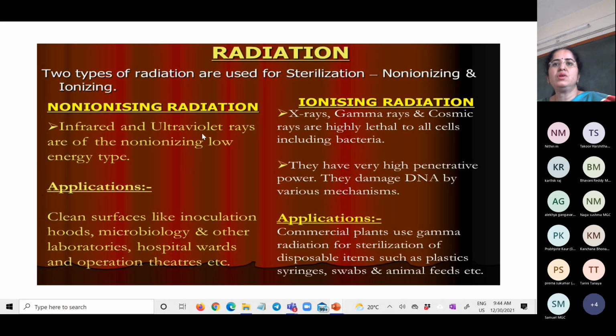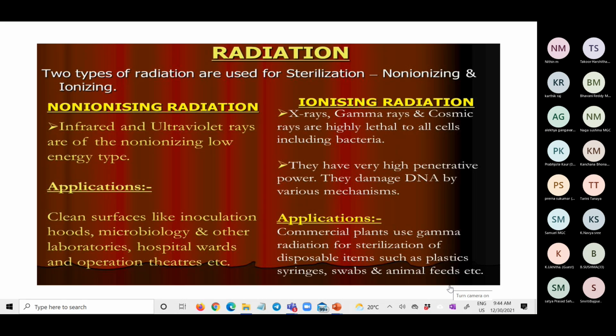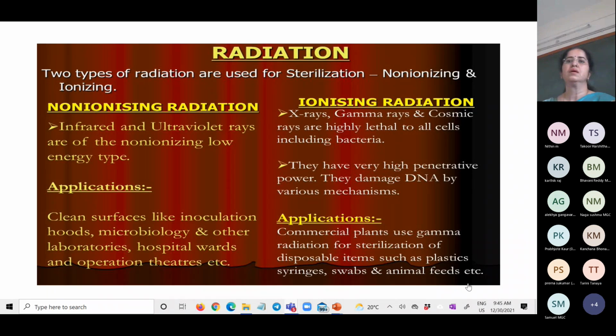Okay, so infrared and ultraviolet are non-ionizing radiation, and X-rays, gamma rays, cosmic rays, these will be ionizing radiations.